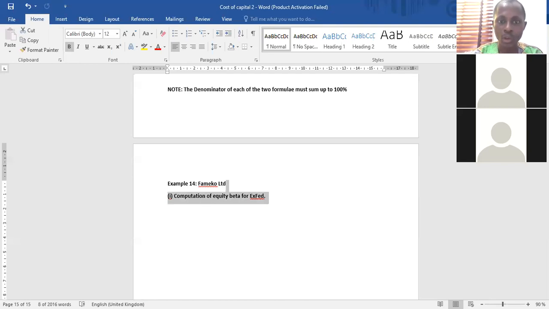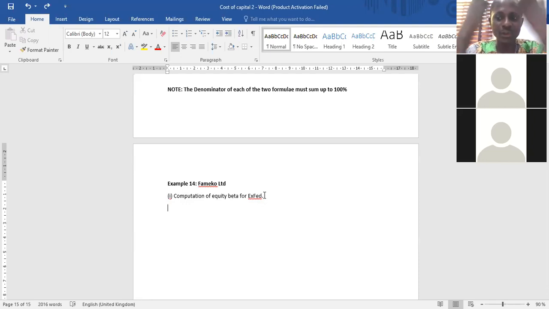Now, for you to compute the equity beta, we have the formula, and that is going to be treated in the capital asset pricing model, where we study portfolio theory and the capital asset pricing model. That is where we are going to learn how to compute beta.